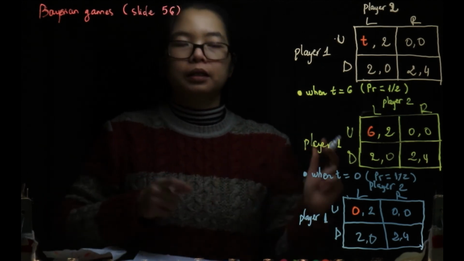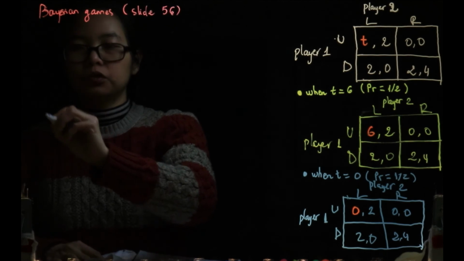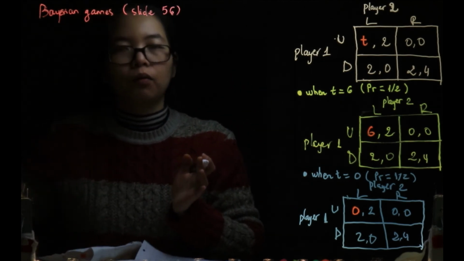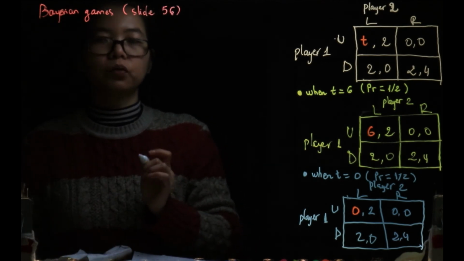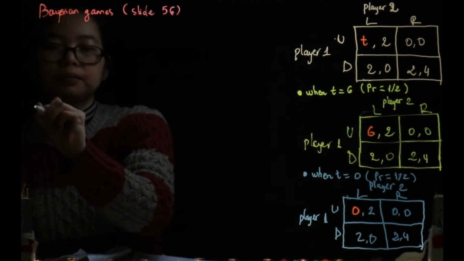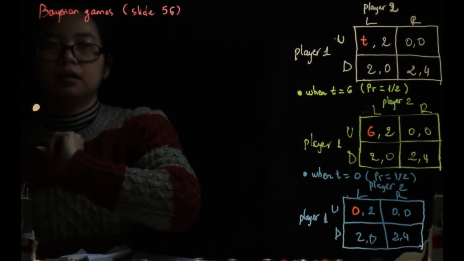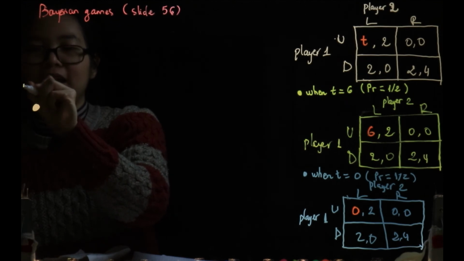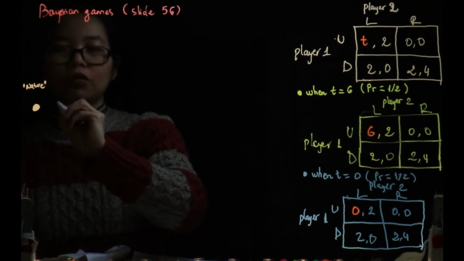Now, talking about extensive form, remember I told you that the game is now extended one node to the left, which is the move of nature. So in the very beginning, this is the chance node, or nature.